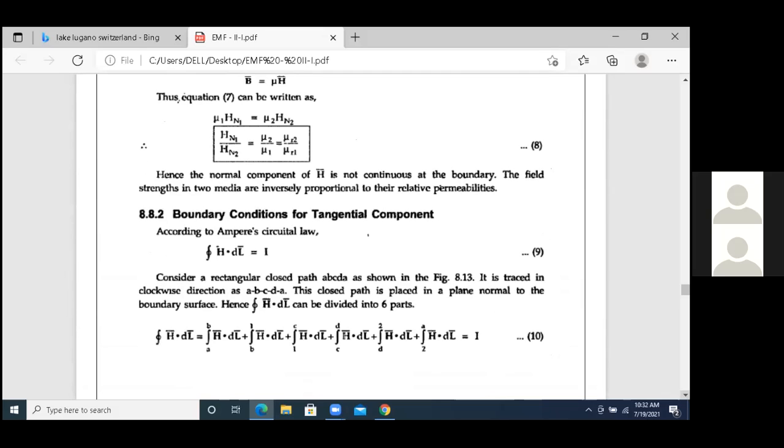So we say the integral of H dot dl is equal to the current enclosed.